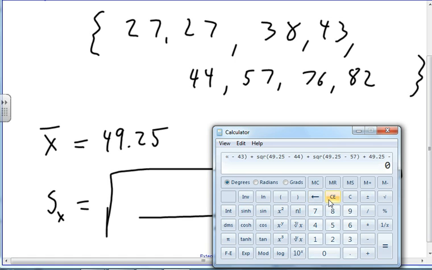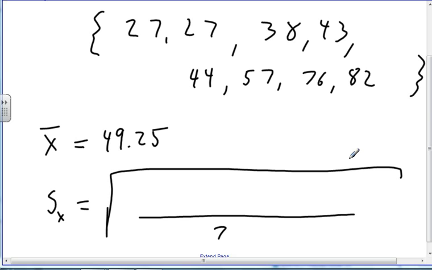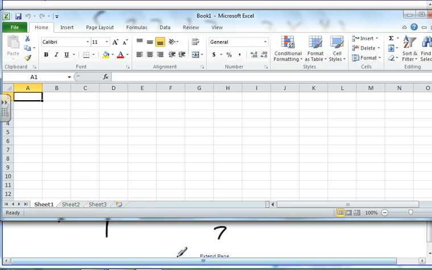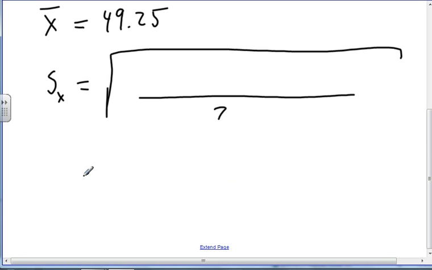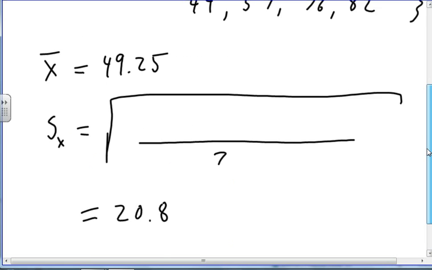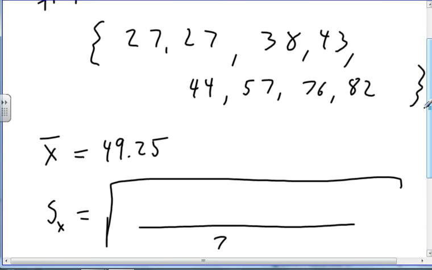I'm hosed. What's the number? I don't have any light over here. 20.8. It's 20.8? Okay, so 20.8. That's the sample deviation of 20.8. Okay, so now I come back over here, 20.8.